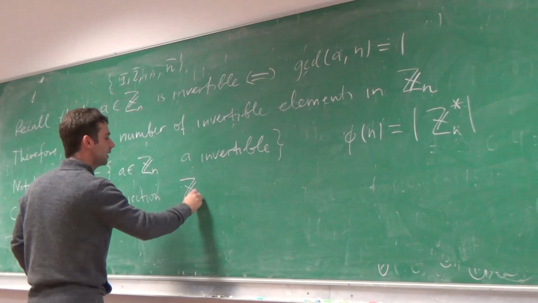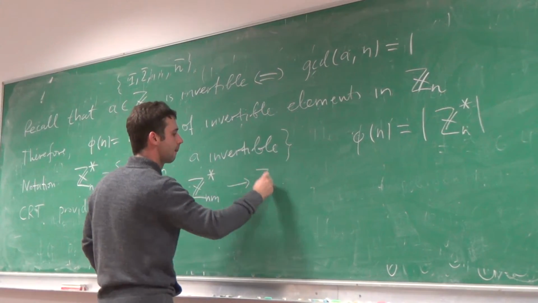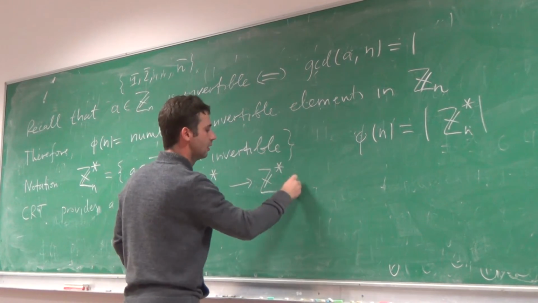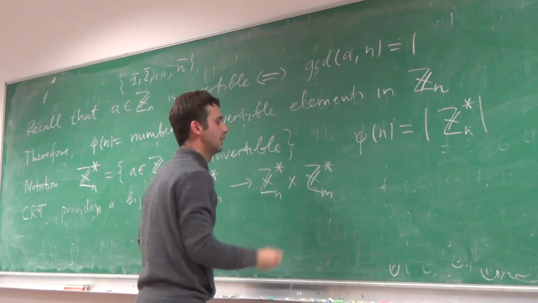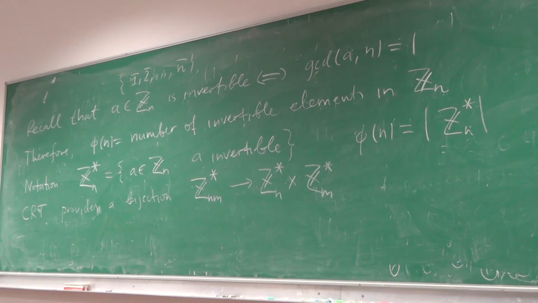So I have Z_m, Z_n, and I want to put a star everywhere: here, here, and also here. I have this bijection which sends an element to its classes mod n and mod m, and I want to say that if I put a star here, its image will lie in the star here, and it's still a bijection.